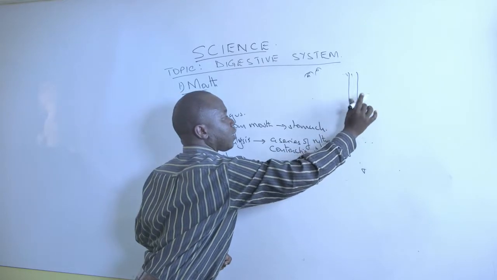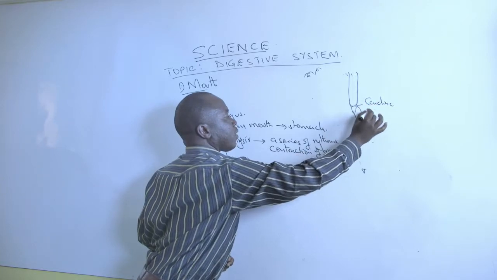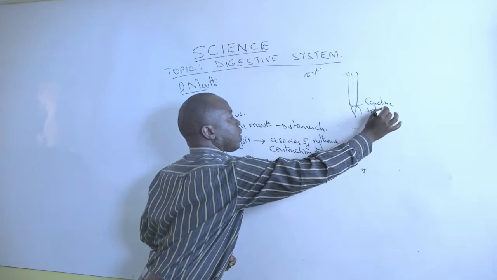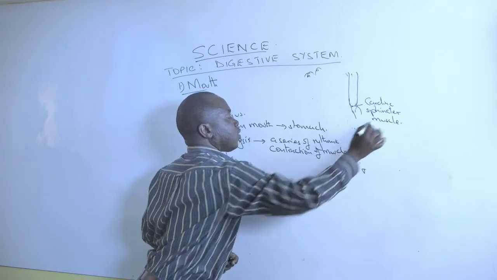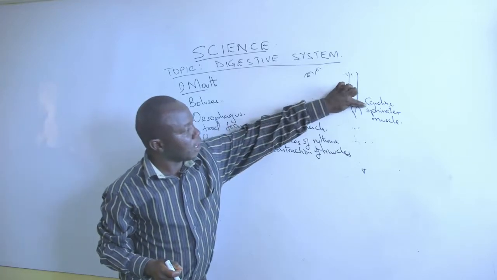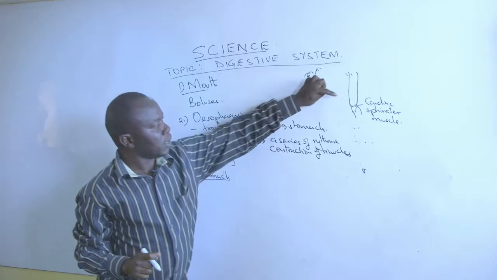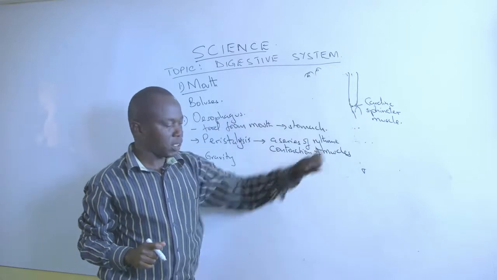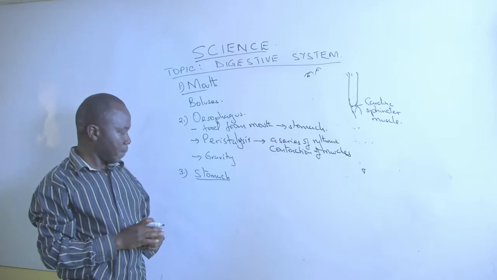That valve-like muscle is called the cardiac sphincter muscle. So for food to enter into the stomach, this cardiac sphincter muscle is going to relax. When it relaxes, it allows food to get into the stomach.